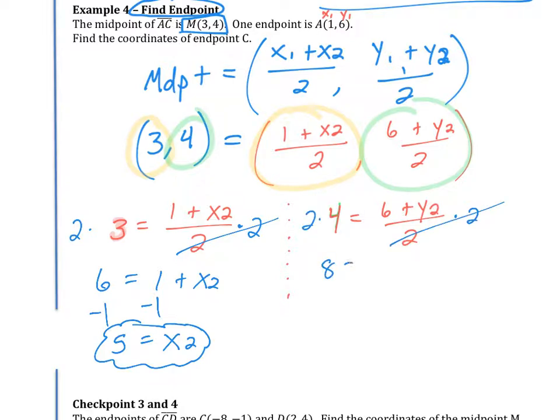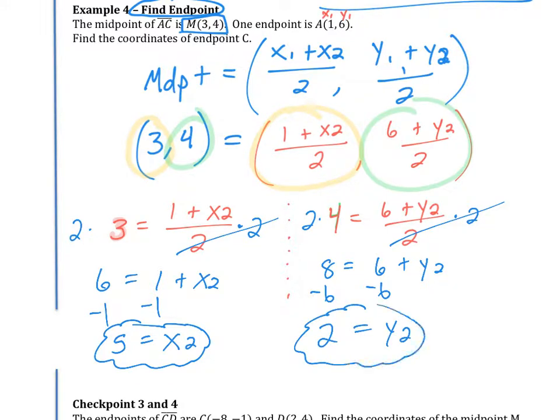We get 8 equals 6 plus y2. How to get rid of the positive 6? So we don't want that. You subtract 6. And we get 2 equals y2. So what is the endpoint? The endpoint is at (5, 2).